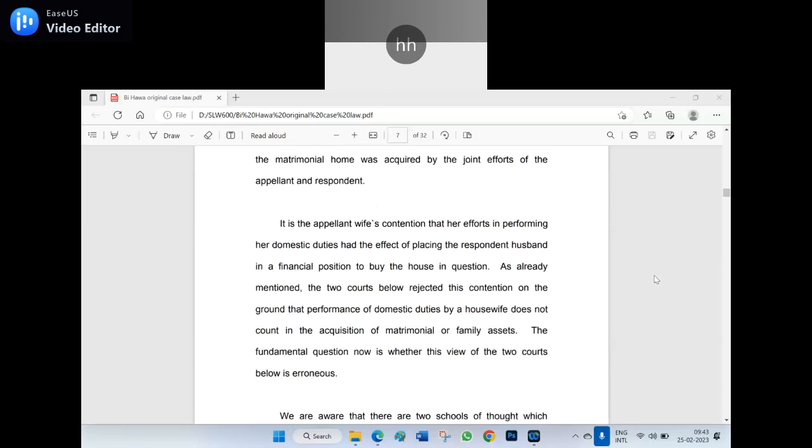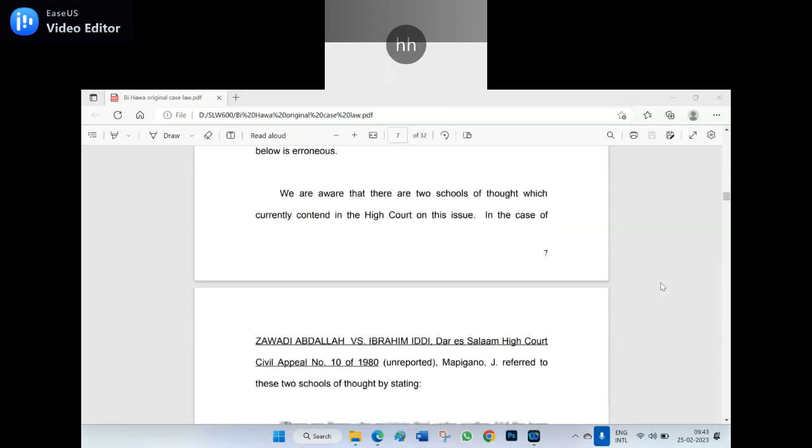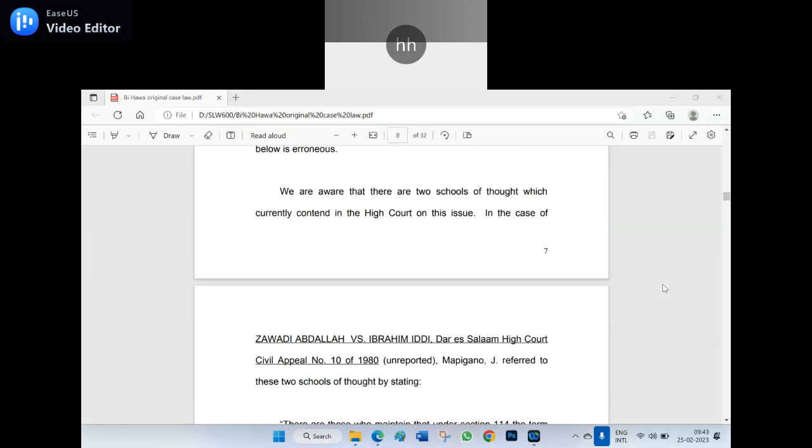The wife contends that she was performing the domestic duties, and of course you can give the defense. What is the defense? The first question is the defense, how much she wants to make out. And what is the second point where the defendant has made. And there are two schools of thought which currently contend in the High Court on the issue.